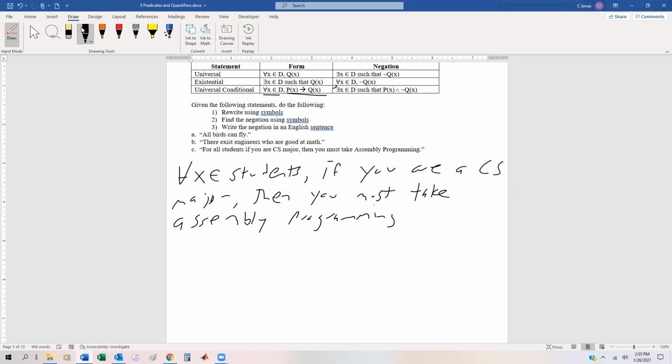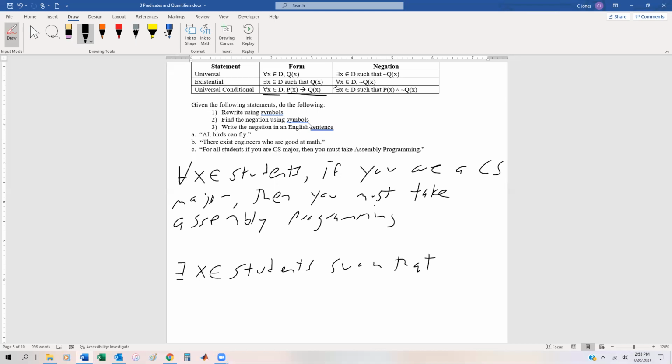Now we have to be careful on the negation. The negation using symbols, we're still going to flip the quantifier. So there exists x in students. We're going to take the comma and say that's going to be such that. But it's not a conditional statement anymore.